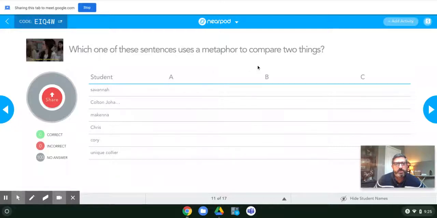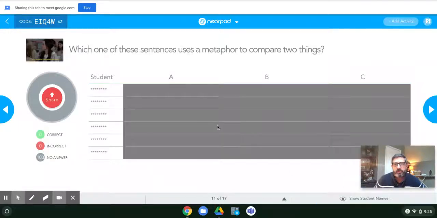All right. So, which one of these sentences uses a metaphor to compare two things? Remember what we just talked about.